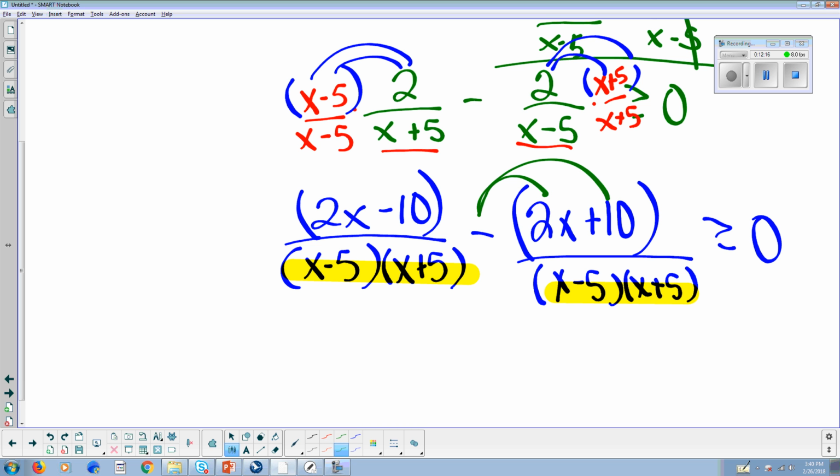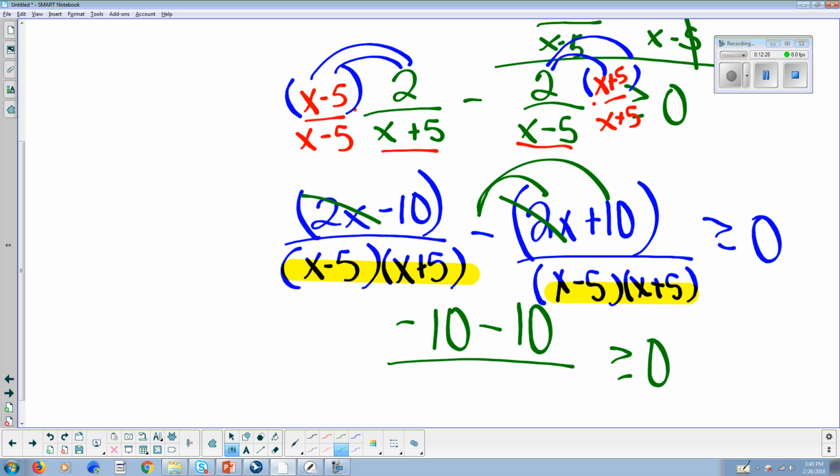So I end up with 2x minus 2x, which cancels, and -10 minus 10 in the numerator. Well, -10 minus 10 is going to give me -20. Let me erase that.